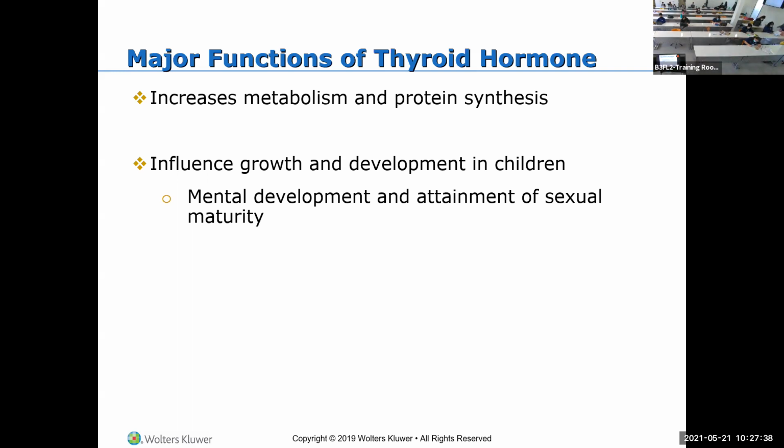Now, in order to produce T3, T4, the thyroid gland needs an electrolyte by the name called what? In order to produce T3, T4, the thyroid gland is craving for what? That electrolyte?